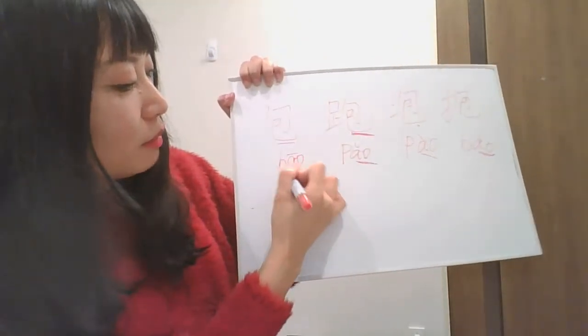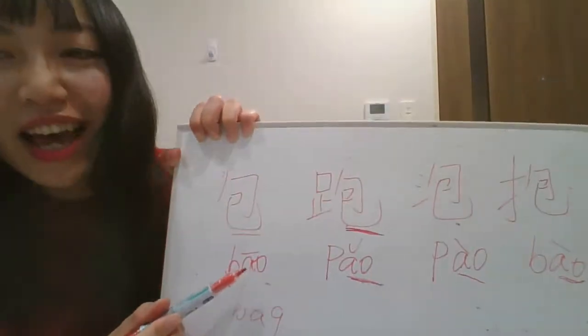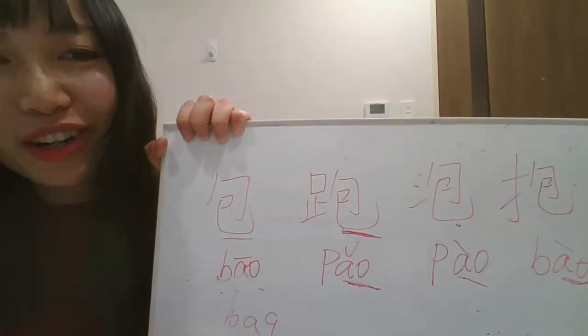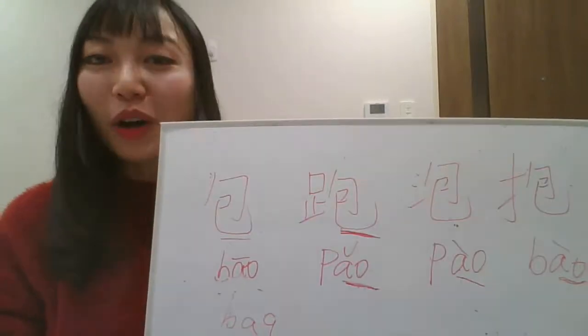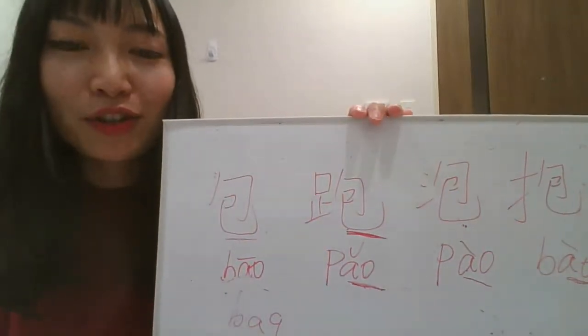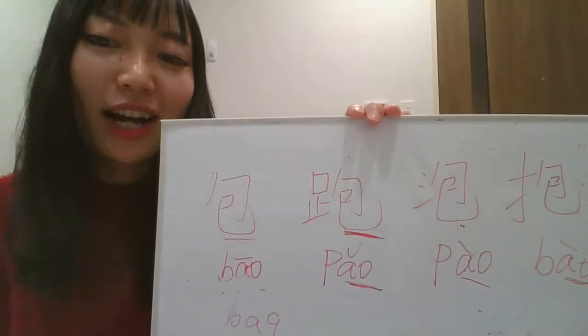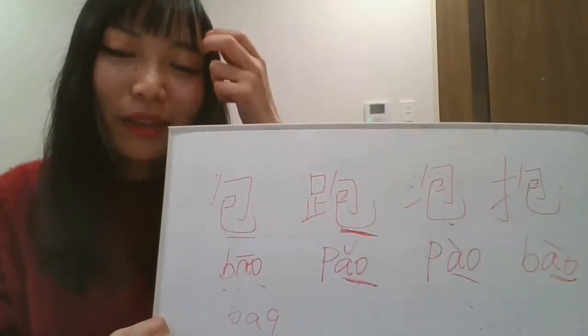Don't you feel it's similar, bao and bag? B-A-O, bag is B-A-G, right? So 包. For those who recently started learning Chinese, wow, keep it up! No worries, let's learn Chinese together. Don't worry. Ask me any questions you want to know about Chinese, okay?